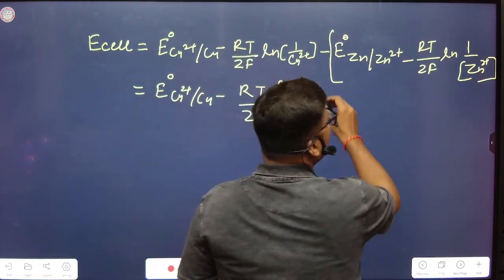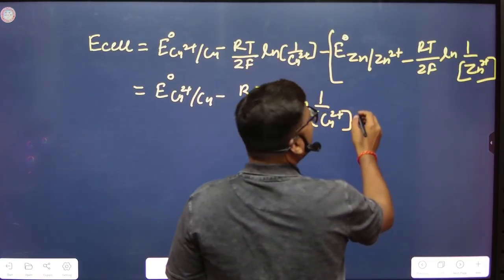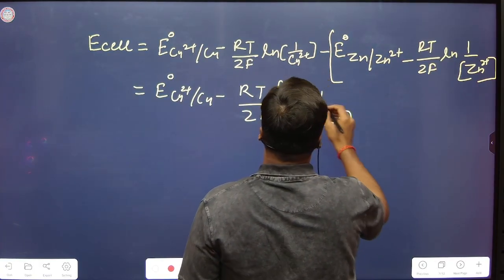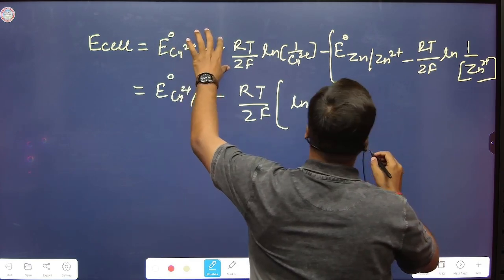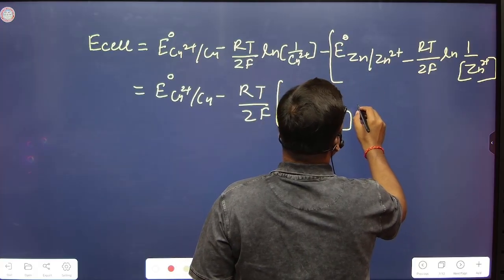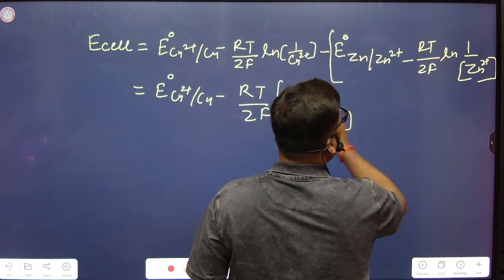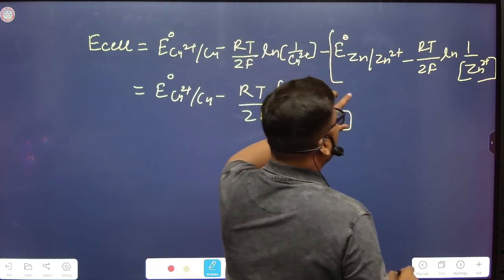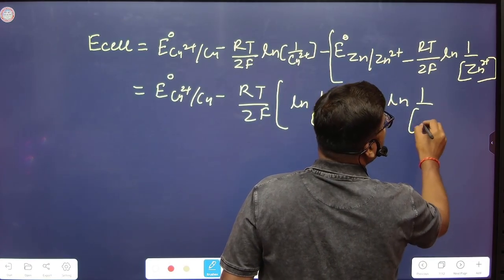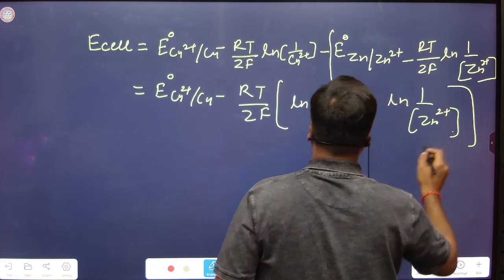And this minus minus plus, and this will be equal to minus ln 1 by Zn2+, right?